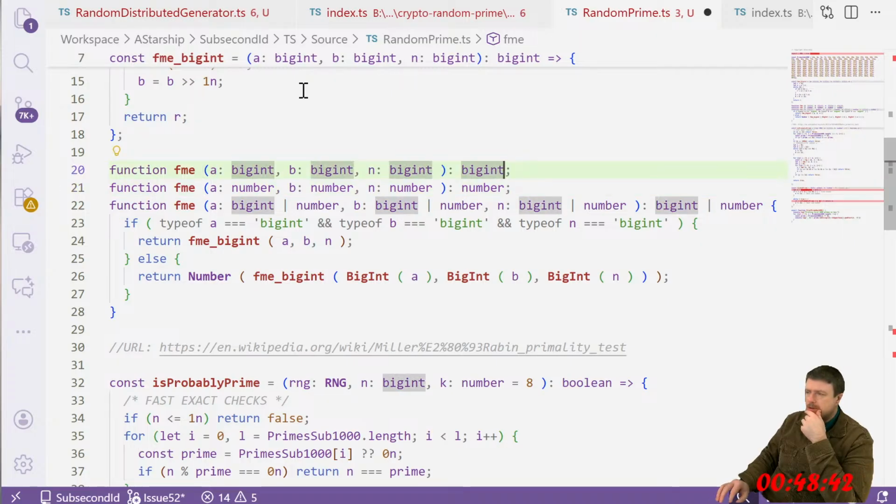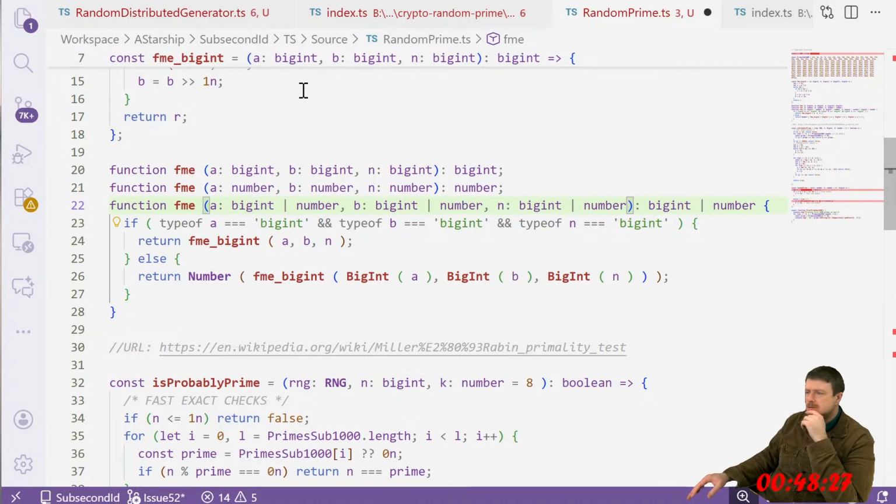I can convert his code. I could just give up on the big N because I don't want to deal with that. I'm already using enough CPU with the numbers.